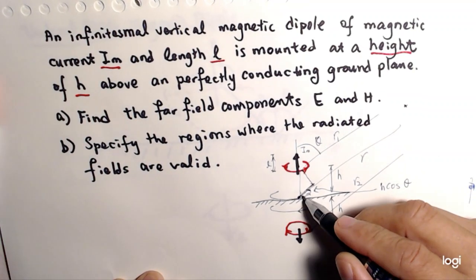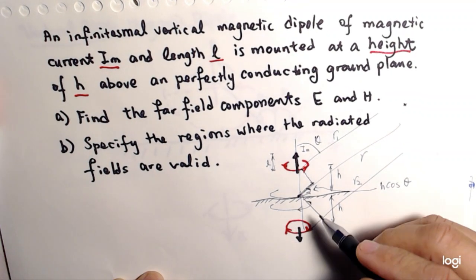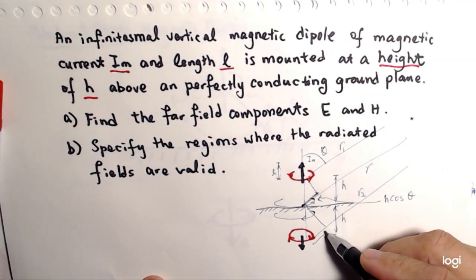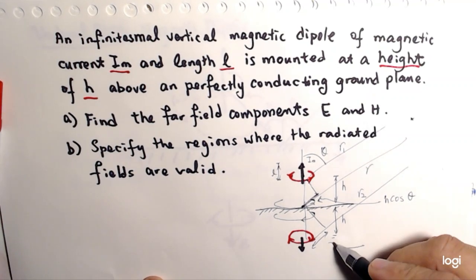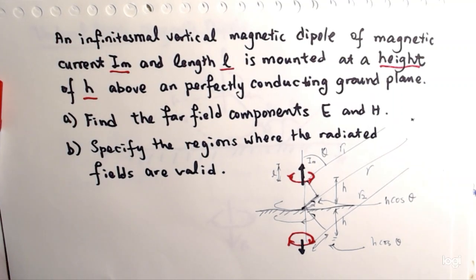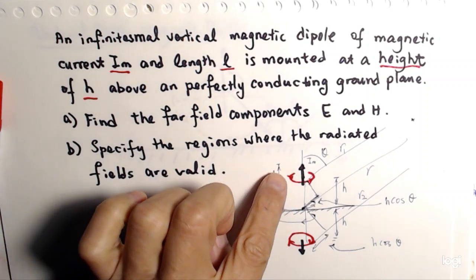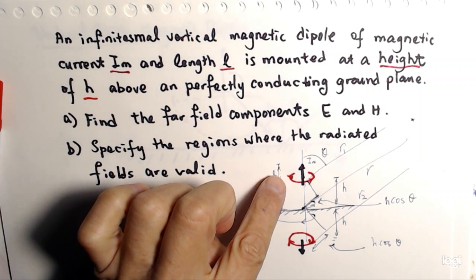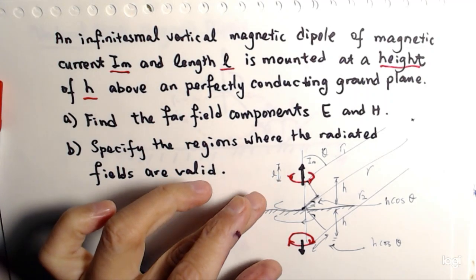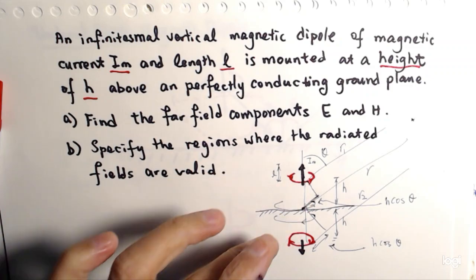Similarly, the length here is also h cosine theta. So the actual physical antenna, together with the image antenna, have a total spacing of 2h.